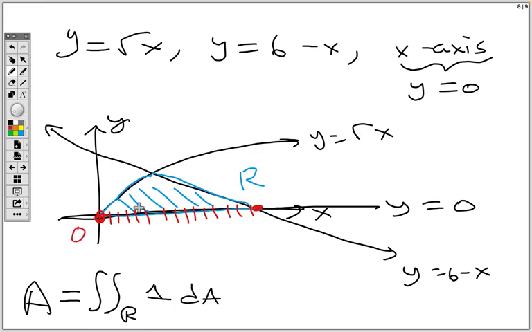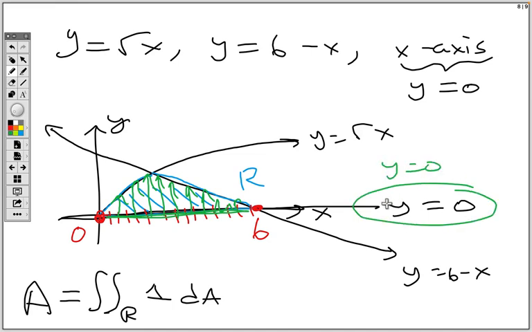This point is 0. This point is where the 6 minus x crosses the x-axis. So this would be x equals what? 6. And then what I'd have to do is, for a fixed x, figure out what y runs between. And you notice the bottom here is always y equals 0. So y equals 0 is always the bottom, but the top changes.